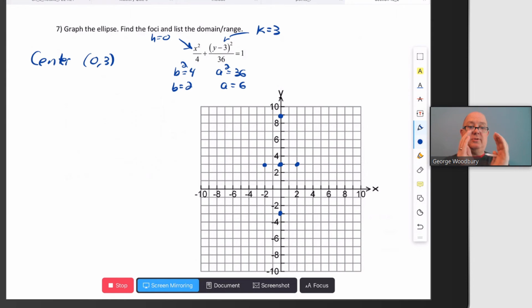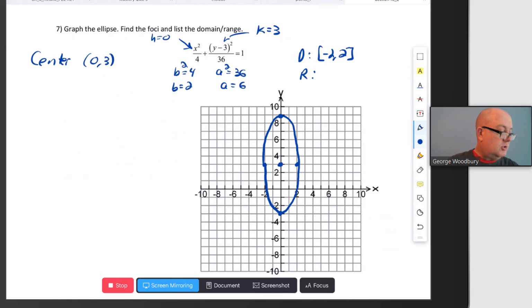So there we've got an ellipse that's pretty tight left to right, pretty expanded top to bottom. Let's draw that first. Something like that. The domain, I don't think I did that on the last one. The domain here, left to right, is -2 to 2. The range, bottom to top, drops down to -3, but goes up to 9.